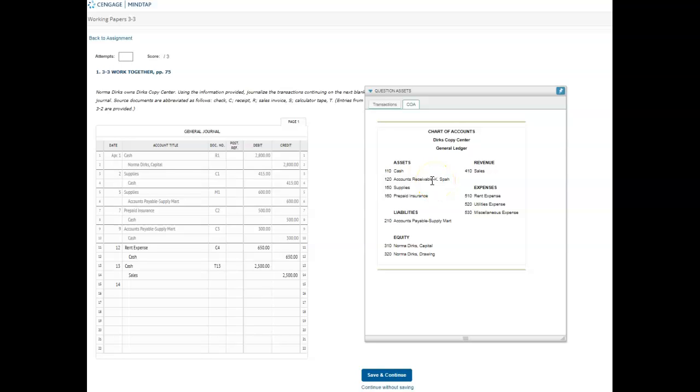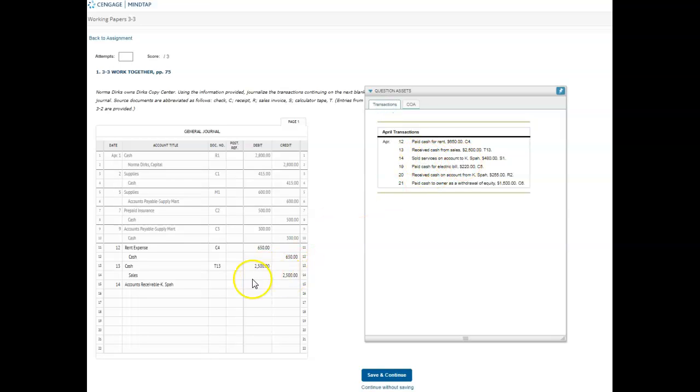Since sales is the credit walking out the door, then accounts receivable has got to be the debit. You can triple click it, Control V it, or type it. All right, so that is the debit for $480.